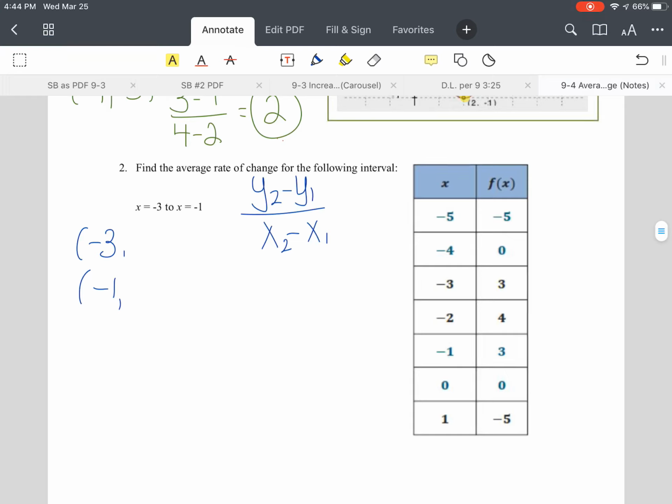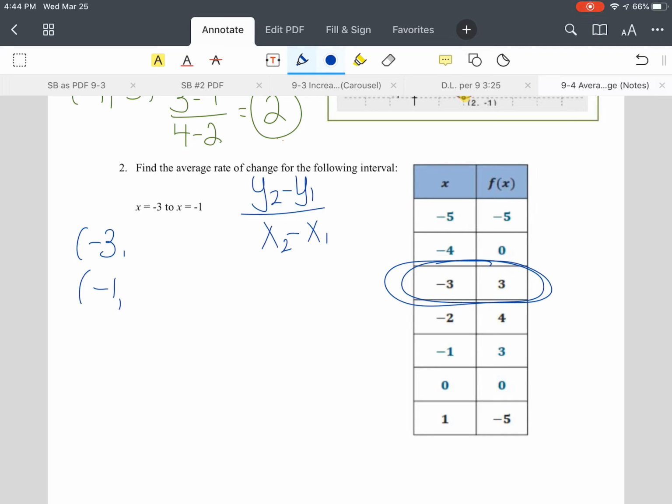These are actually my favorite because I think they're the easiest. They give you a table. So when x is -3, well, what is y? When x is -3, y is 3. And when x is -1, oh, y is also 3. All right, so let's label our x1, y1, x2, y2.